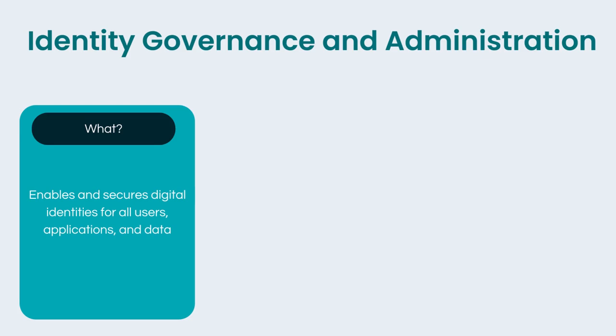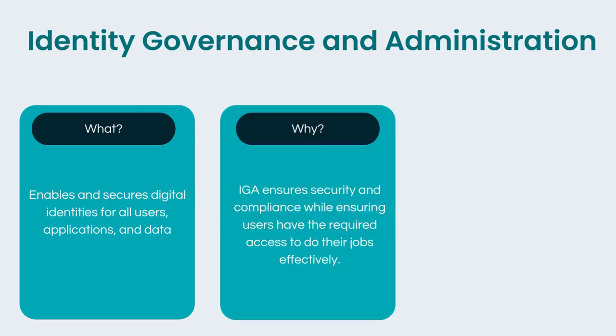It is easy to lose visibility over what is happening within the network. IGA helps prevent this. It improves visibility over every single user identity, including their access rights. So, IT admins can take necessary controls to prevent any unauthorized access.